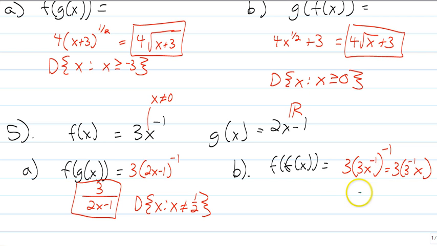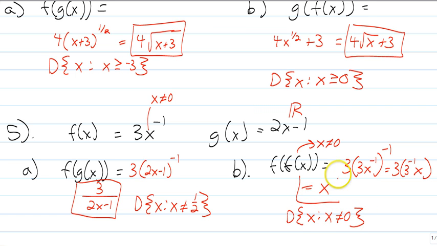Which is just 3 over 3x, which is the same thing as x. Okay? Now you might be looking at that and go, well, I can make anything x. However, you have to also look at the input. The domain restriction is x cannot be 0. Therefore, my domain restriction is x cannot be 0, even though this is the final answer.